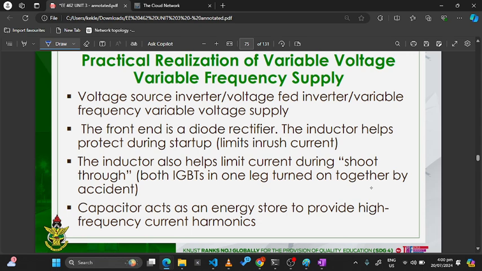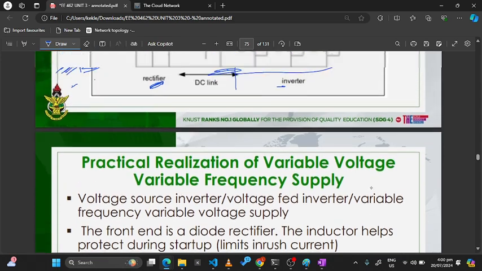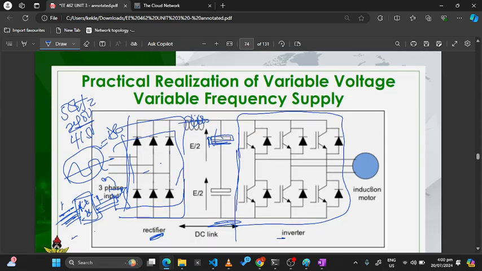The front end is what? A diode rectifier. That means the inductor helps in protecting during startup. So what this means is when you are starting this machine, it draws very high current.